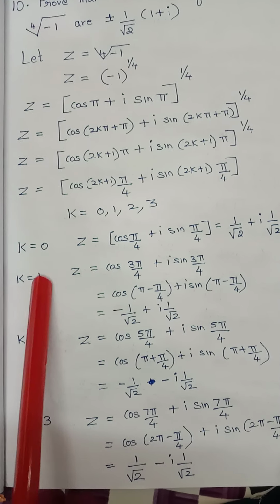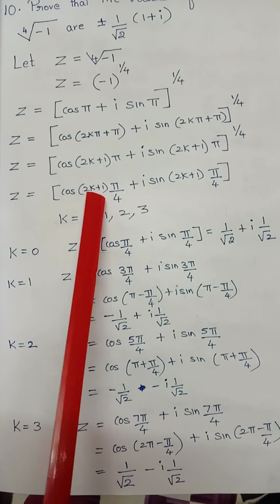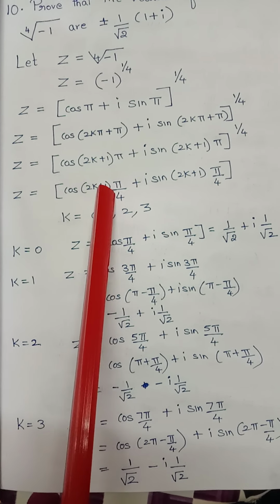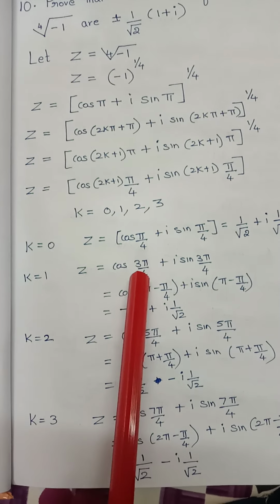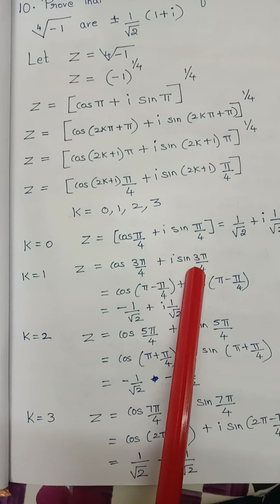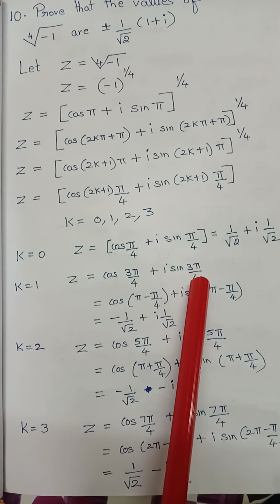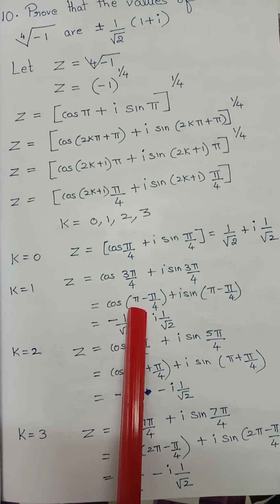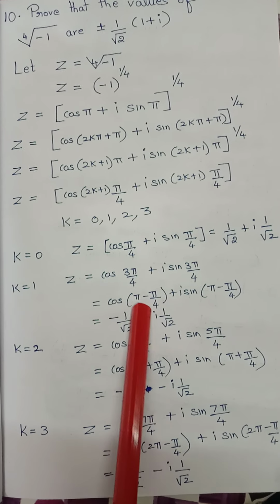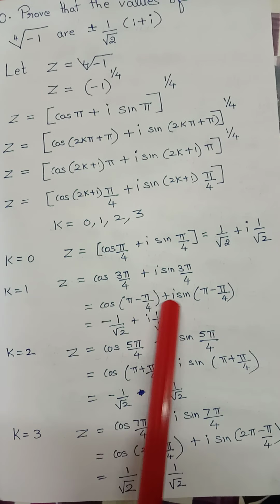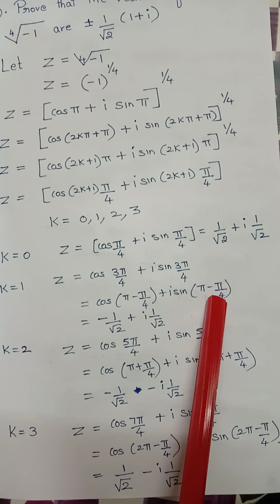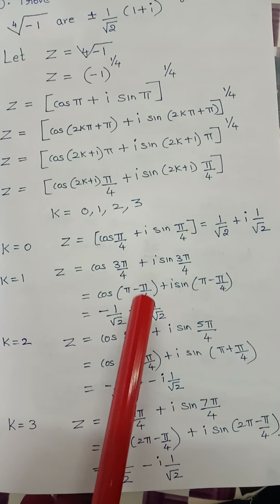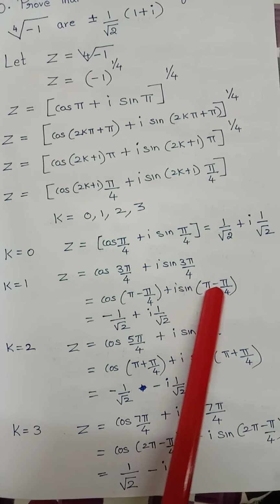Now when k is equal to 1, 2 ones are 2, 2 plus 1, 3. So I will have cos 3 pi by 4 plus i sin 3 pi by 4. This 3 pi by 4 I can write as pi minus pi by 4. When you take the LCM, you will get 3 pi by 4. Similarly, this also I am writing as pi minus pi by 4. What is the purpose behind writing like this?